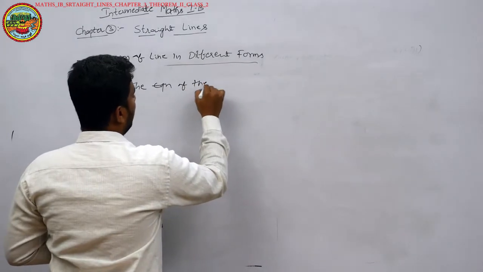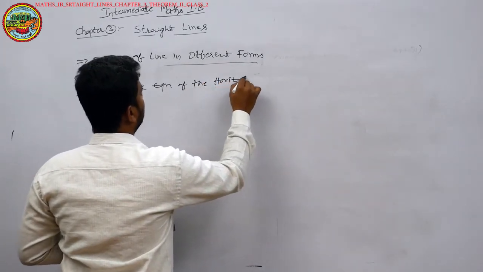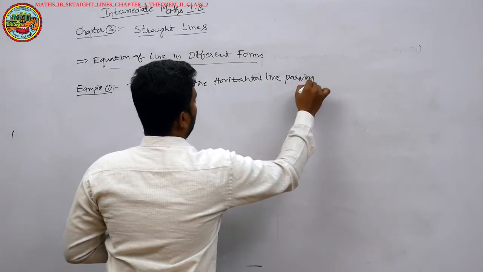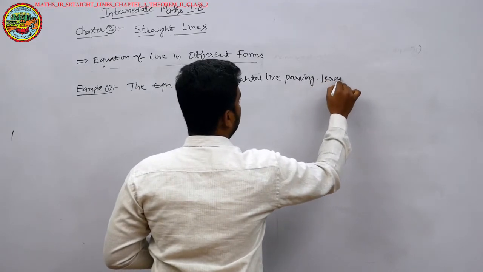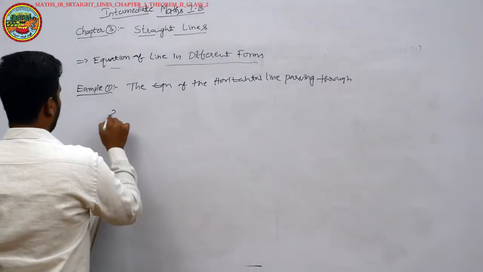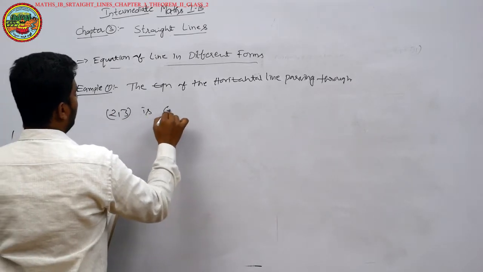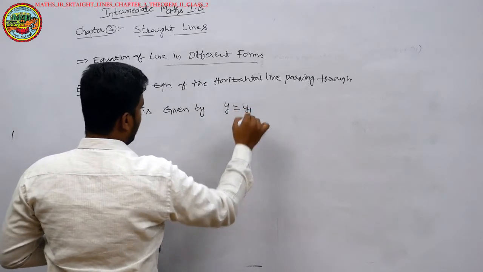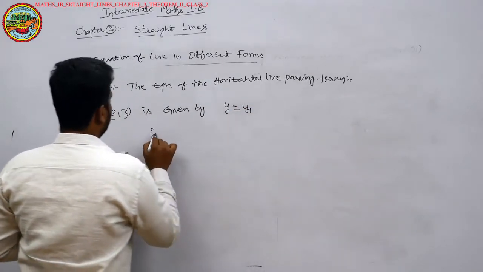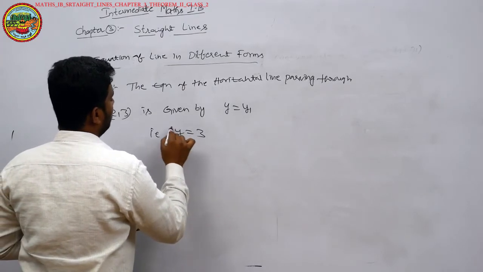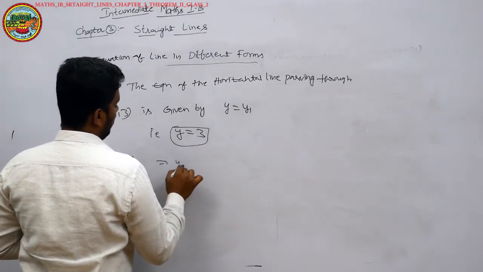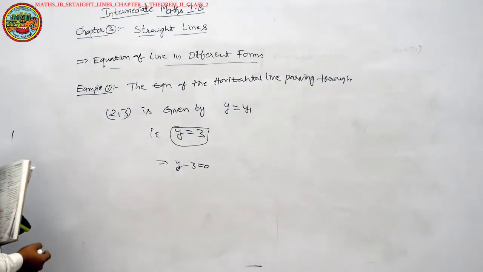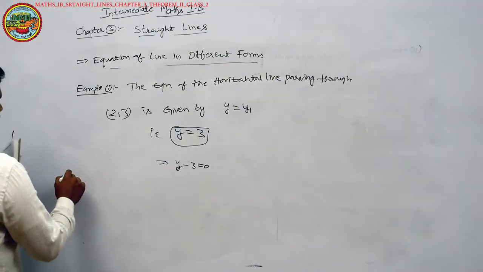The equation of the horizontal line passing through 2, 3 is given by y is equal to y1, that is y is equal to 3. Which implies y minus 3 is equal to 0 is the required equation of the line passing through the point 2, 3.